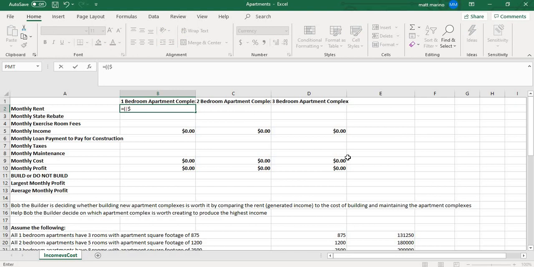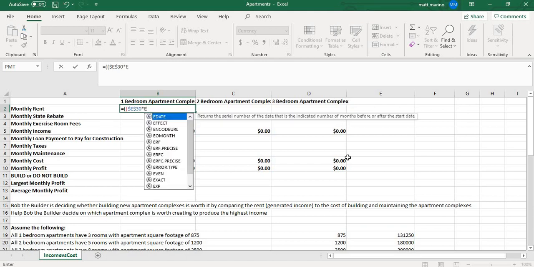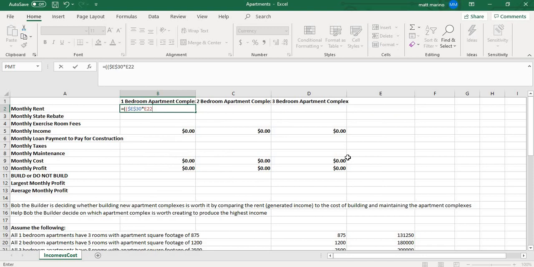So we then need to multiply it by our number of apartments. So we start by using an absolute cell reference to our per room fee, which is referenced in cell E30. We then multiply this by E22, which in this case is the number of rooms for our one bedroom. We then need to add an absolute cell reference, again, this time to E31, which is our square foot fee.